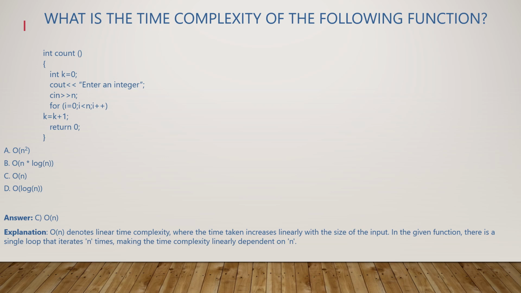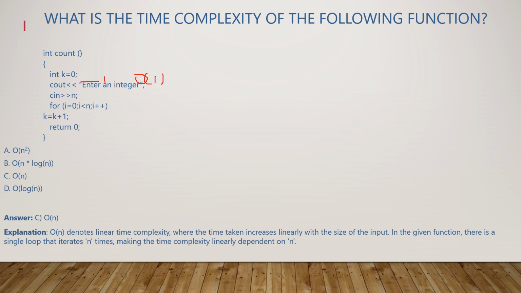Here, when you see the function, int k = 1 operates in 1 unit, that means O(1).